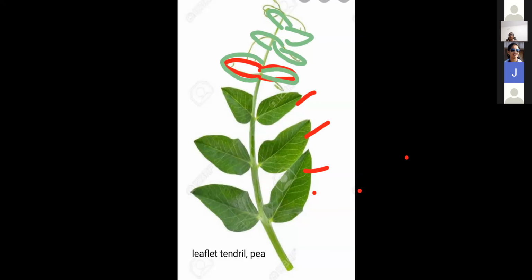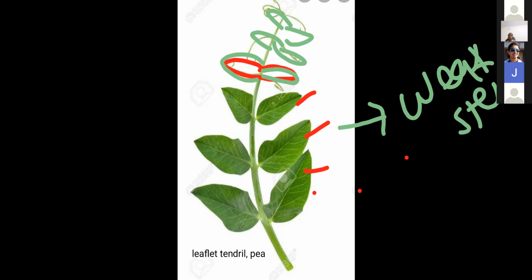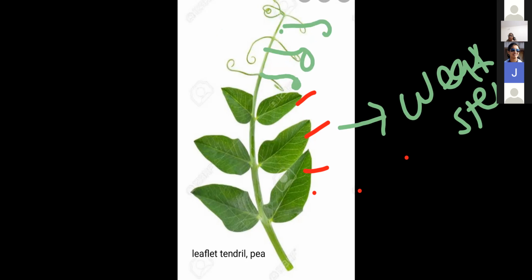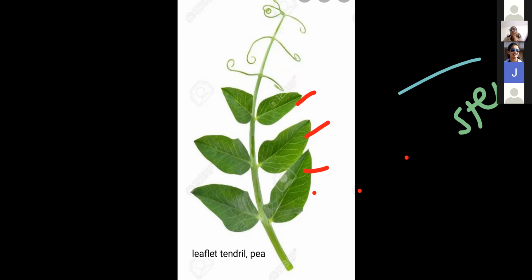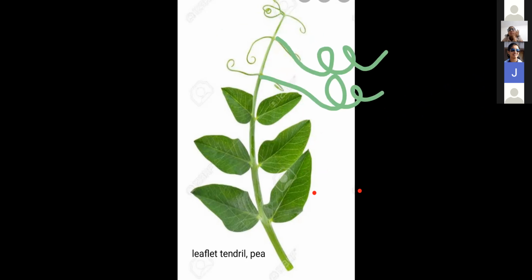But this pea plant has a very weak stem, and each and every plant wants to grow upright so it can get sufficient sunlight for photosynthesis. So remember, these are the terminal leaflets, located at the distant region. They are converted into a long spirally coiled structure that we call a tendril.